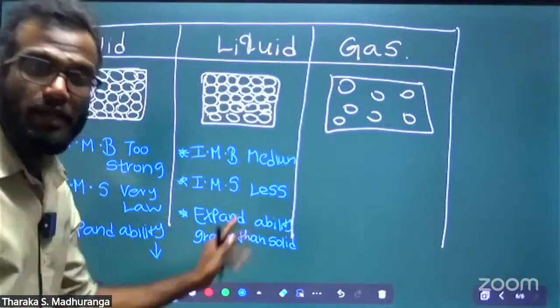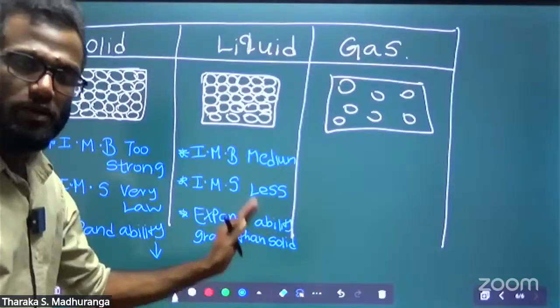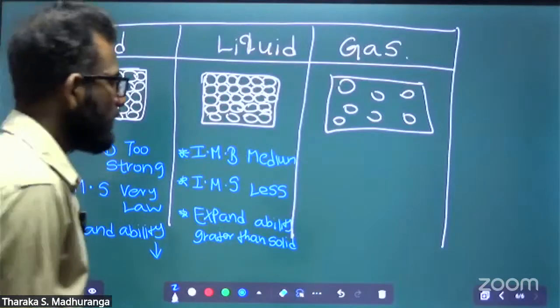Liquid: expanding ability greater than solid and less than gas. You already know that.